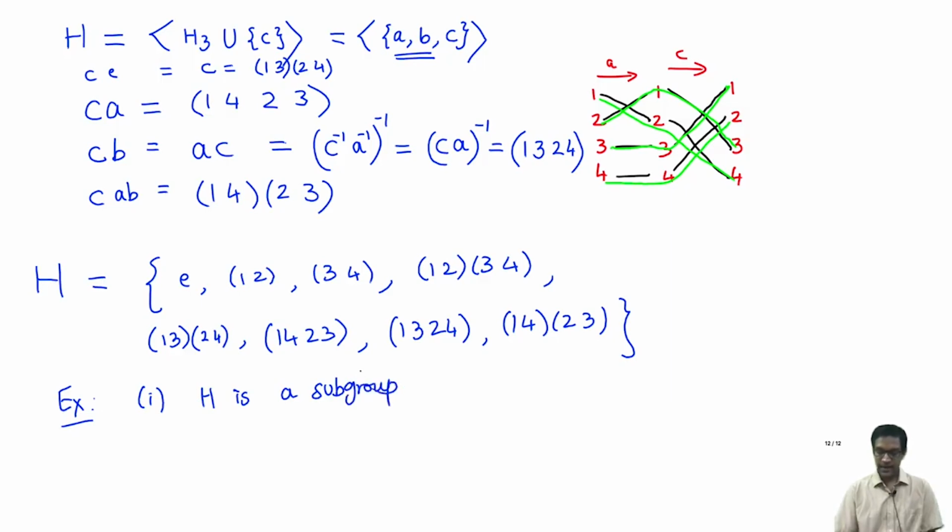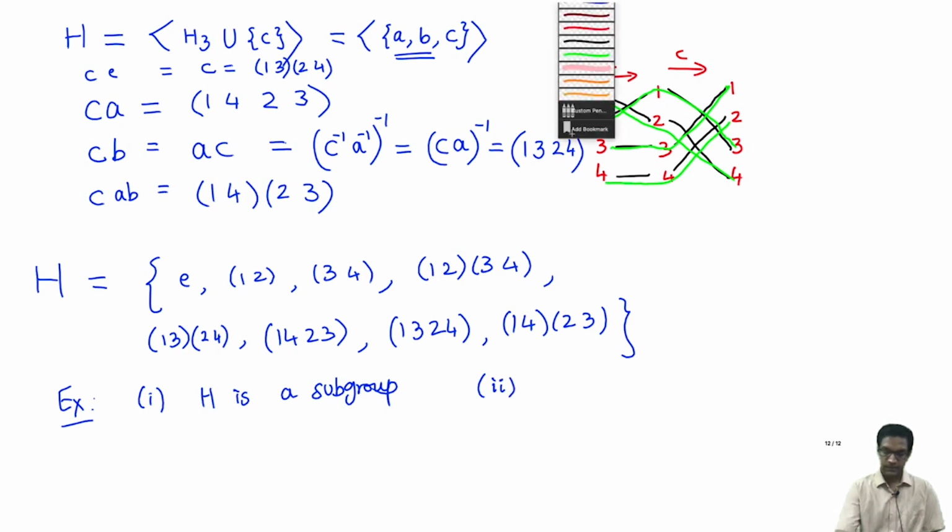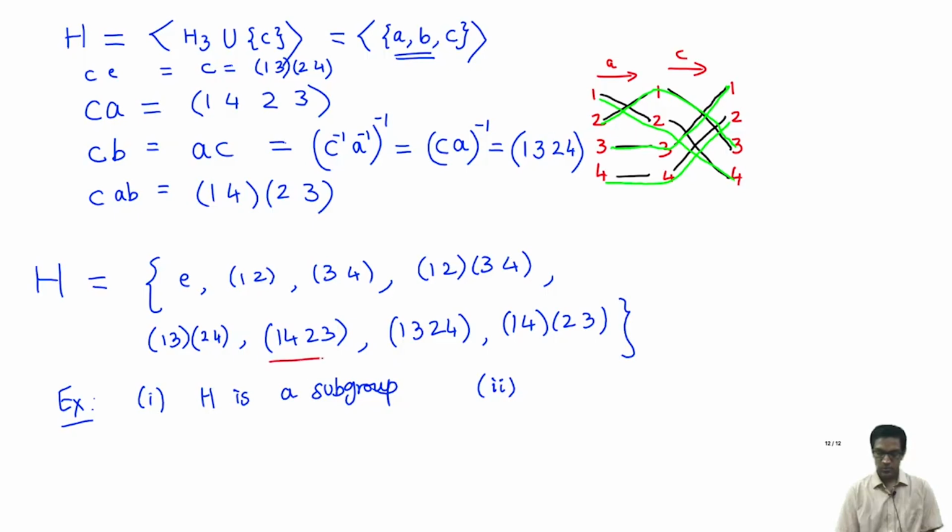It's got cardinality 8, and if you stare really hard, you'll notice something interesting: this subgroup has an element whose order is 4. Okay, so I have another element of order 4. In fact, let's look at the cyclic subgroup generated by (1 4 2 3).